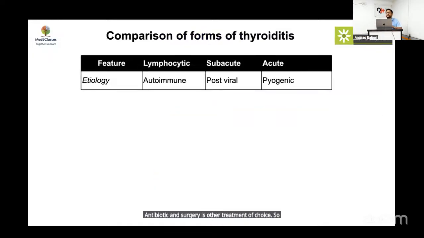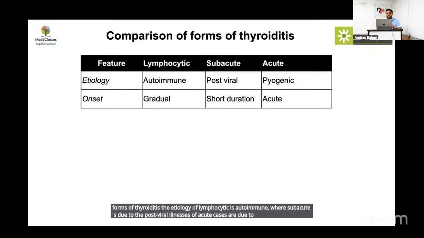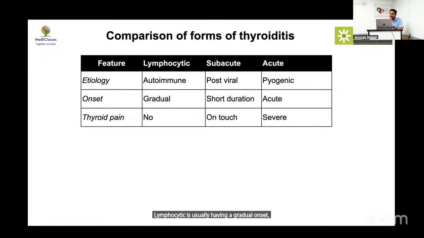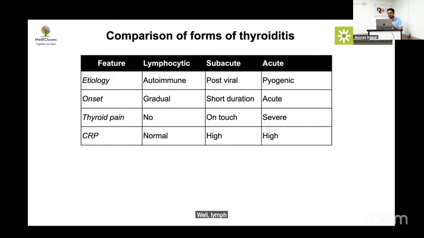So if we compare the forms of thyroiditis, the etiology of lymphocytic is autoimmune, whereas subacute is due to post-viral illnesses, and acute cases are due to pyogenic bacterial infections. Onset will be of very short duration in cases of subacute, while lymphocytic usually has a gradual onset. There will be an extreme or severe level of pain in cases of acute thyroiditis, while lymphocytic will not have any pain.